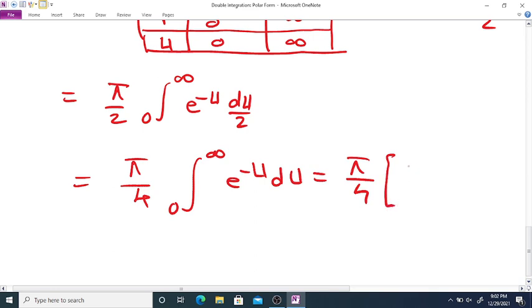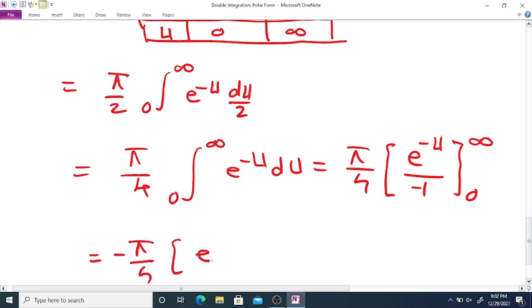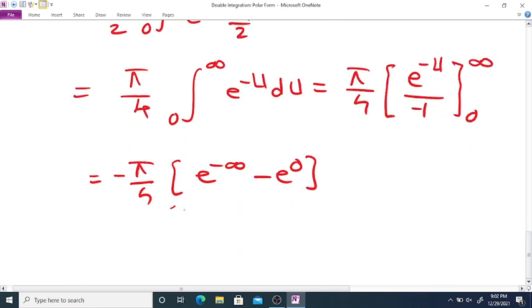The integration of e raised to minus u is e raised to minus u divided by minus 1, with the limits from 0 to infinity. If you substitute the upper and lower limits and take the minus sign outside, the upper limit is e raised to minus infinity, and the lower is e raised to 0. Again e raised to minus infinity is 0, so this is 0 minus 1, times minus pi by 4.